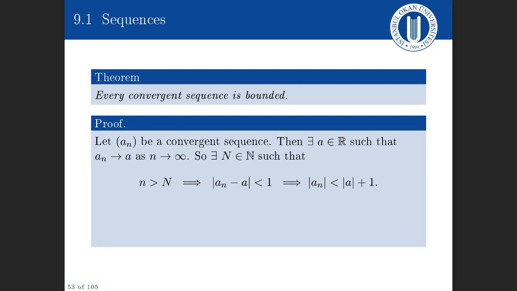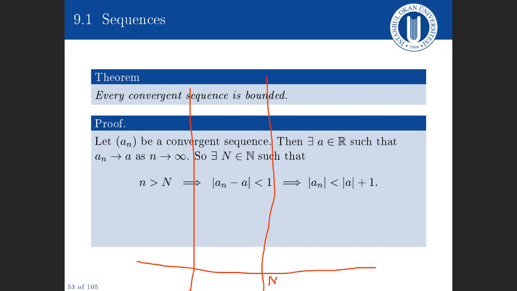Okay, so think about the graph like this. We know that after capital N, we're going to be between the absolute value of A plus 1 and minus the absolute value of A minus 1. So we know we're going to be between these lines, but we don't know what happens between 1 and capital N. So we need to take care of that.